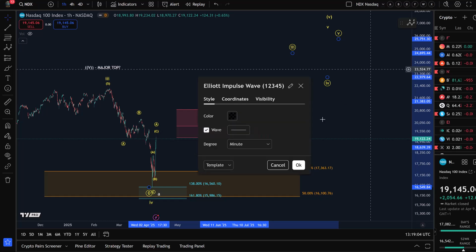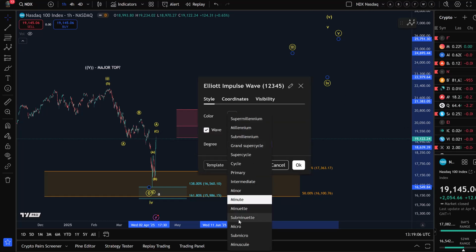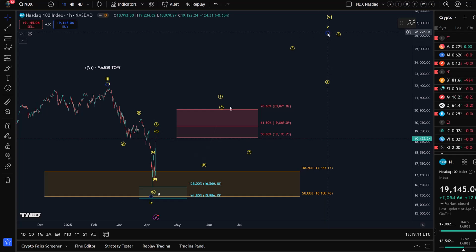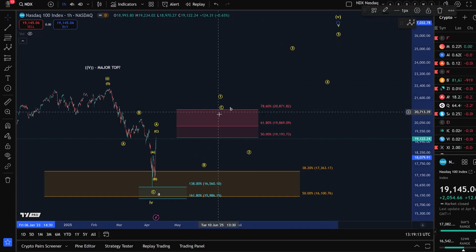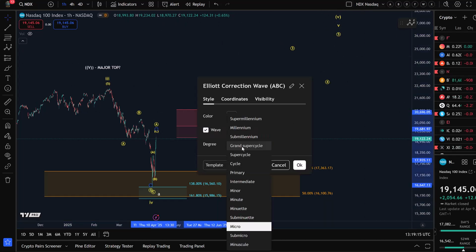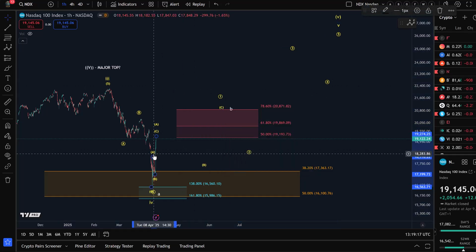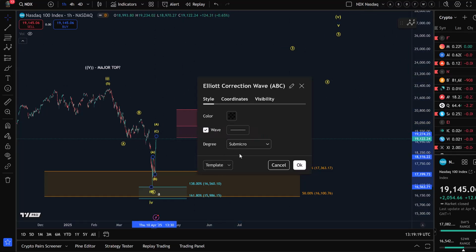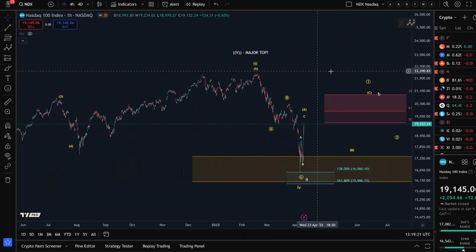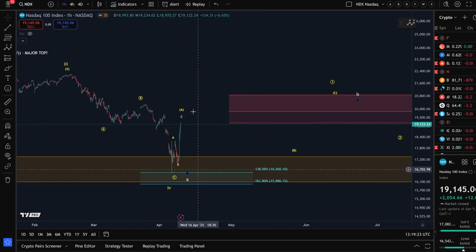So let me just adjust the wave degree, but it might do something like this. So let's just get the wave degree right. That's speculative at this stage because it is technically possible that what we're dealing with here is going to turn into a 5-wave move, but it would need to prove that to us.